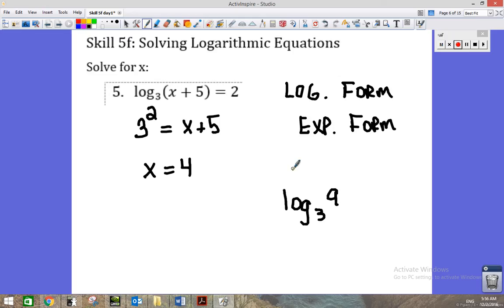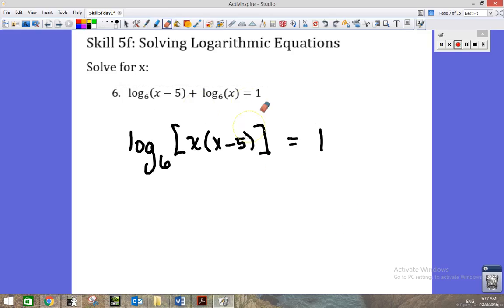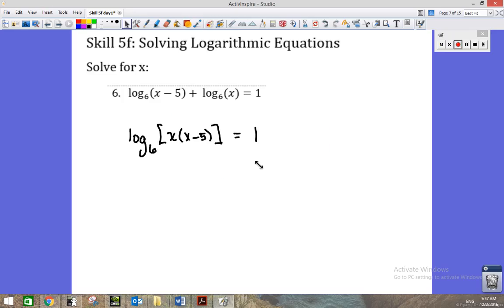I could have done it that way, but many times it's easier to just go from log form to exponential form, including here in problem 6. But like I say, I'm so used to seeing log base 6 of 6 as being 1, I know this x times x minus 5 is going to equal 6, even when I convert it to an exponential form here.